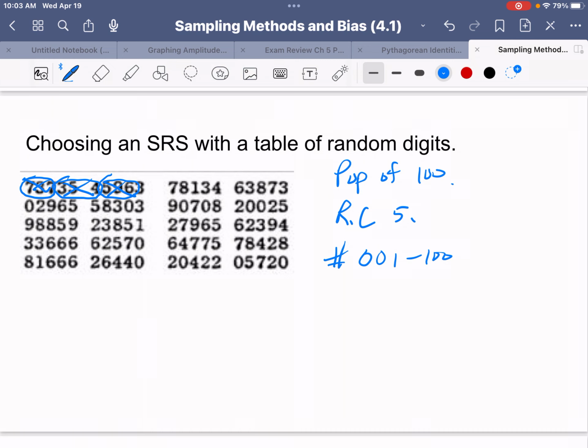It's going to take you forever. So remember, if you have a population of 100, it's actually easier to number them 00 through 99. And so now, person number 73 got chosen. Ignore person number 54, person number 59, person number 63, and person number 78, and you have your 5 very quickly.